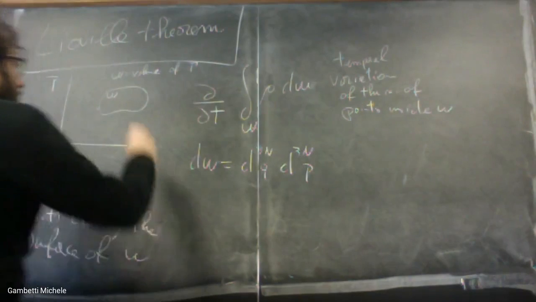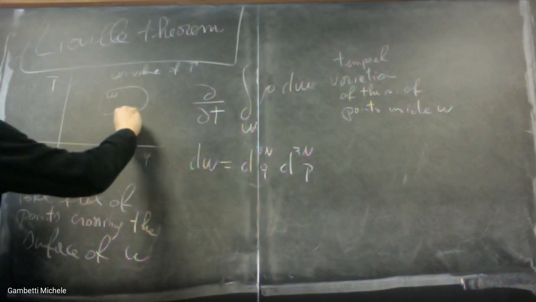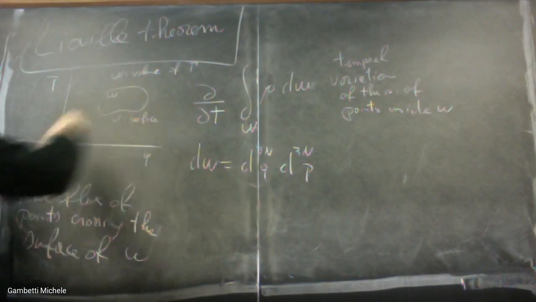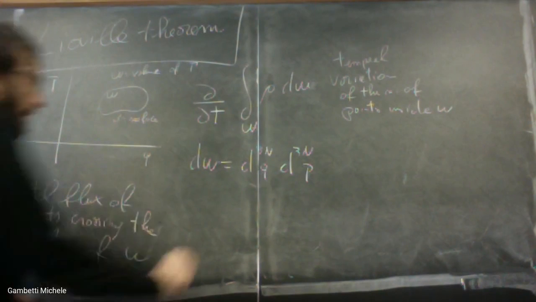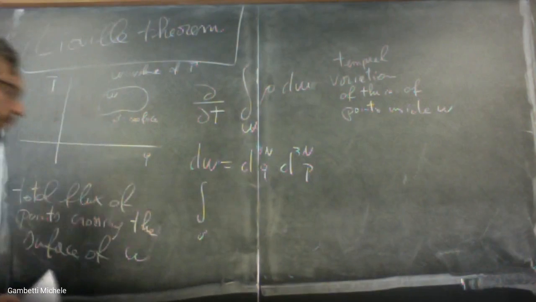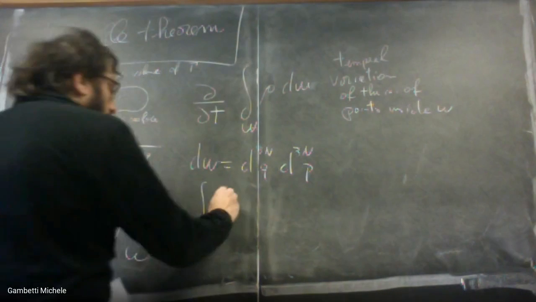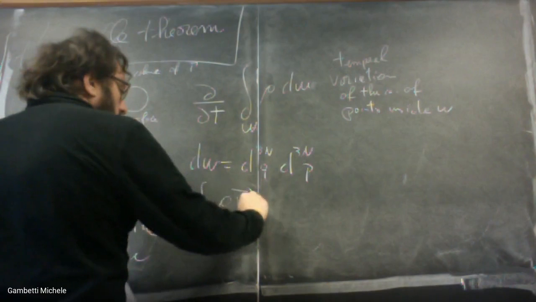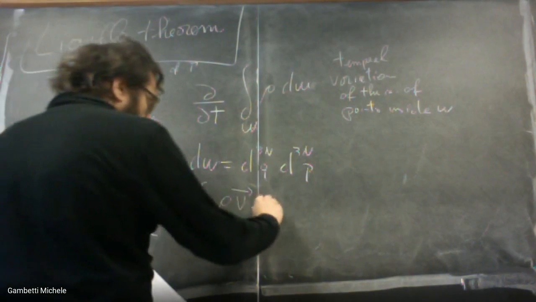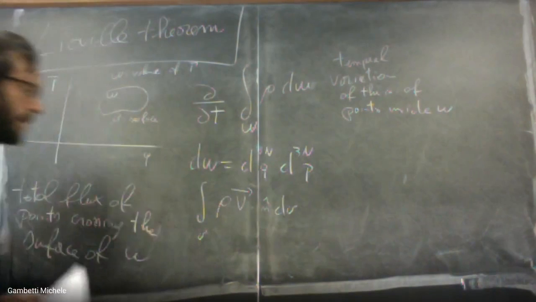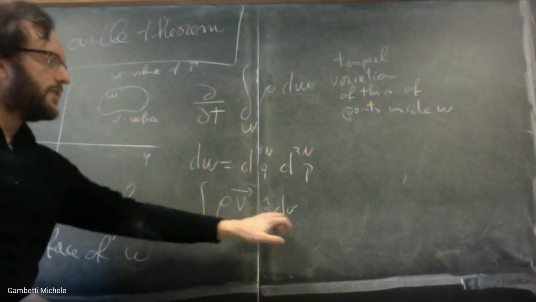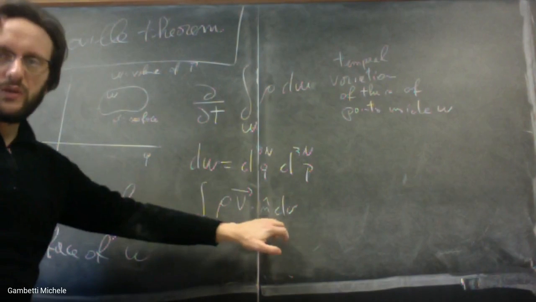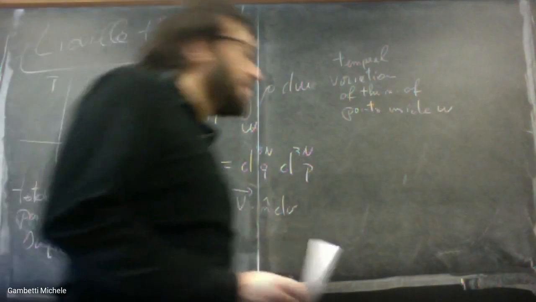Let's call it sigma, the surface of this volume omega, and the total flux will be something like a surface integral over sigma of rho v scalar d sigma in general, where rho is the same quantity. Here is just the usual way to do a surface integral. And v, what is v? v is the velocity in the phase space.